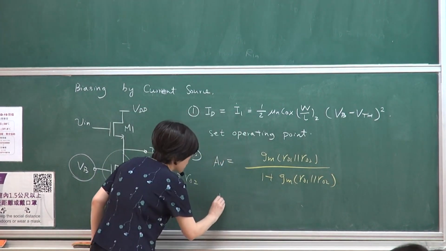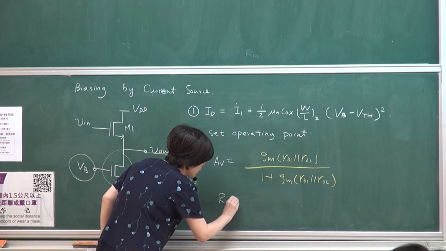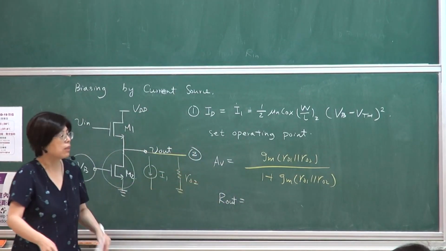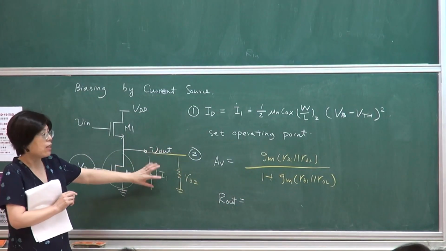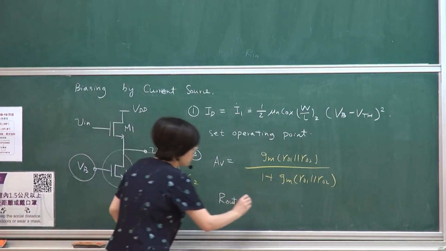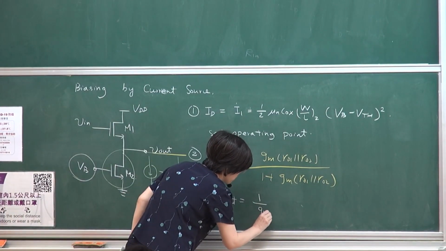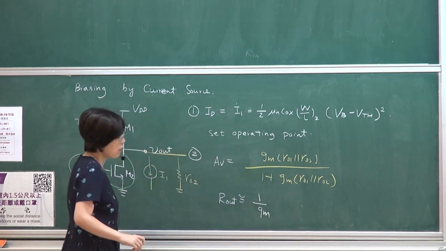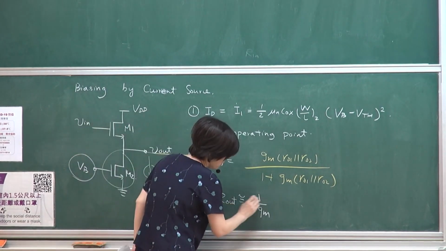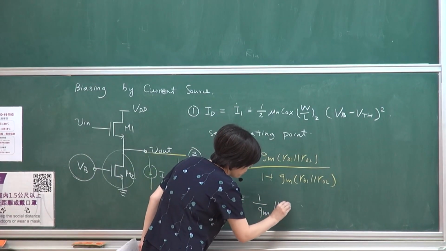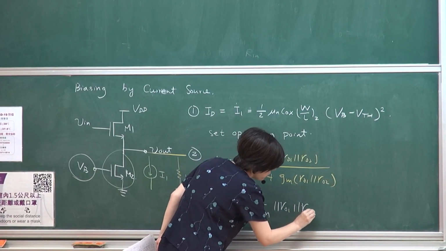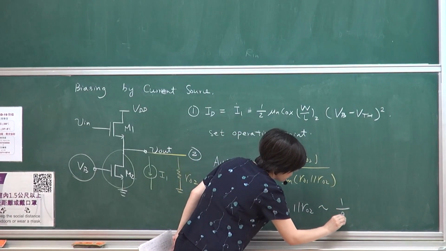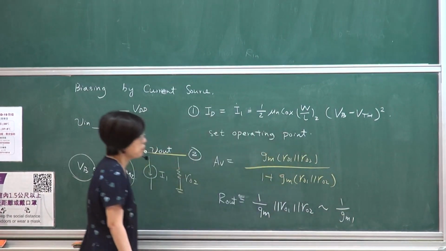The key is actually not necessarily gain because we're not driving anything yet, but output resistance will determine the key parameter 1/GM. It should be RO1 in parallel with RO2, and in parallel with 1/GM1.